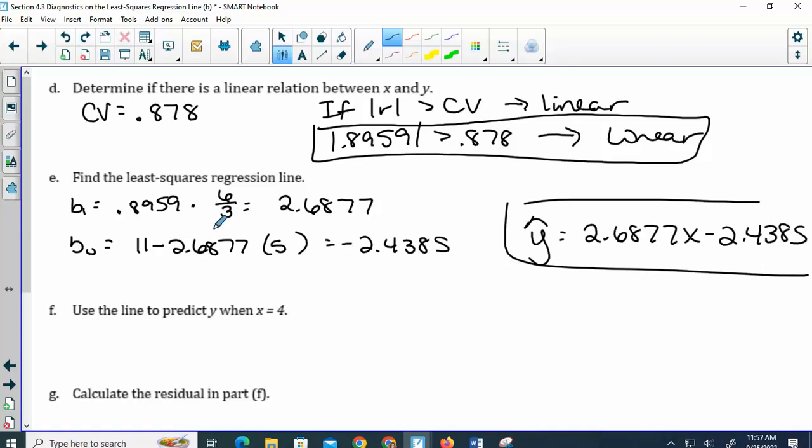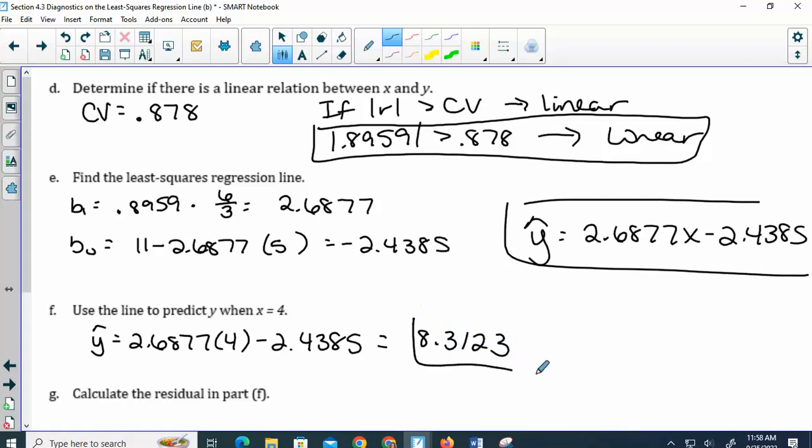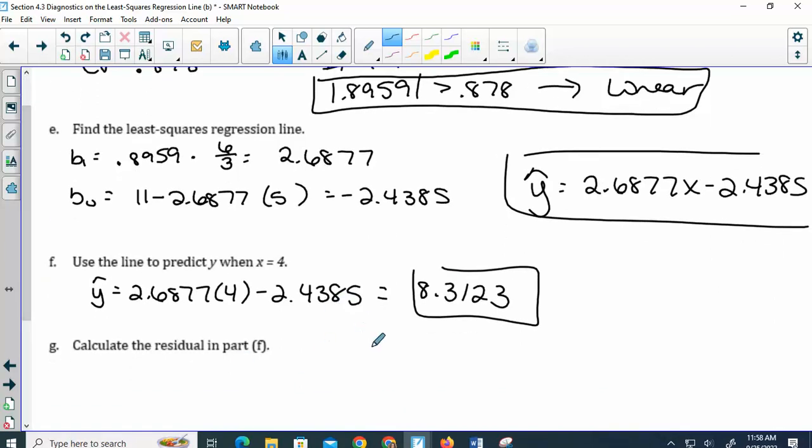Alright, F. Use the line to predict y when x equals 4. So we're just going to plug in a 4. And I get 8.312. Final question, residual. Anytime you forget what something means, go to your formula sheet.